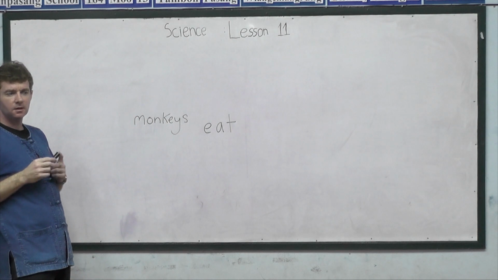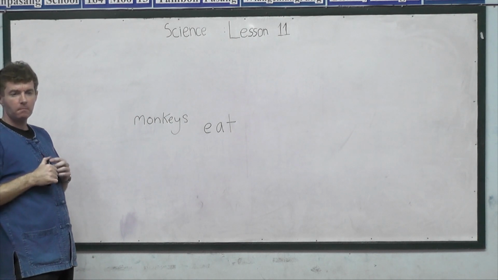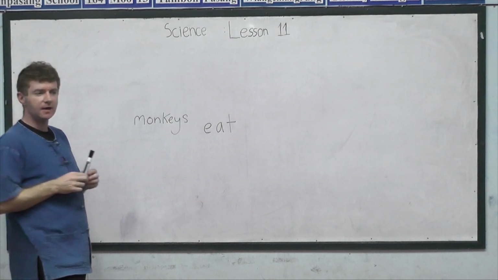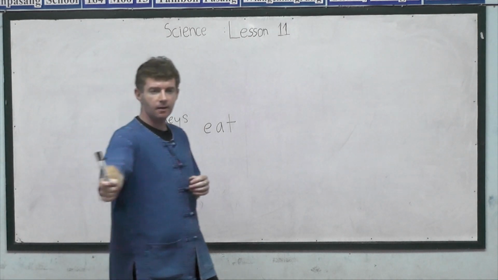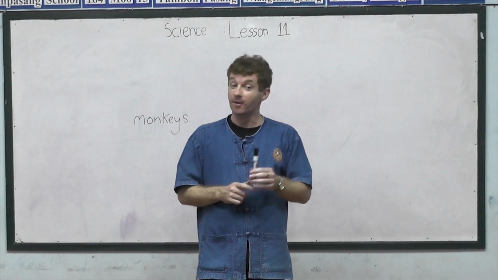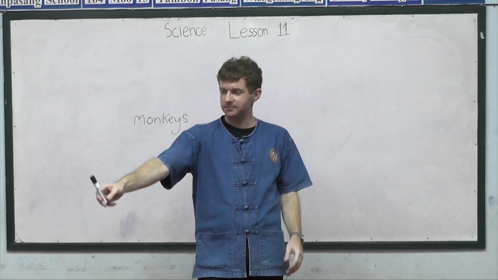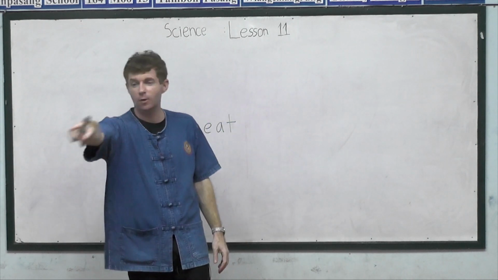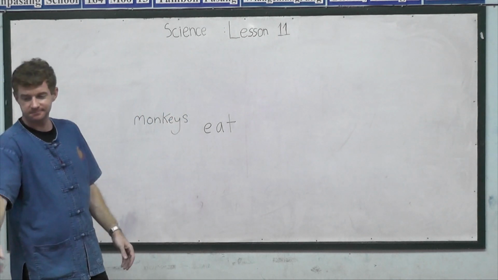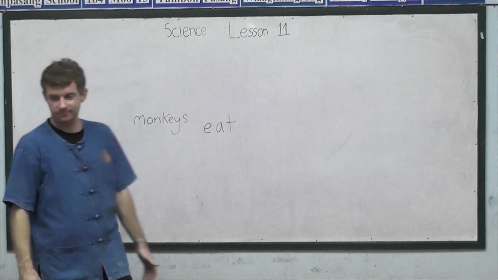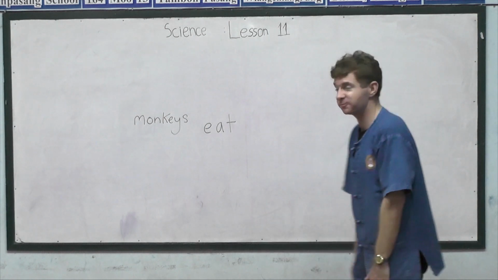Monkeys. Monkeys eat banana, that's right. Who can write for me banana? Okay. Who would like to? Okay. Nadia, come. She's closest, and then we'll go around the room. But you can help your friend with spelling.